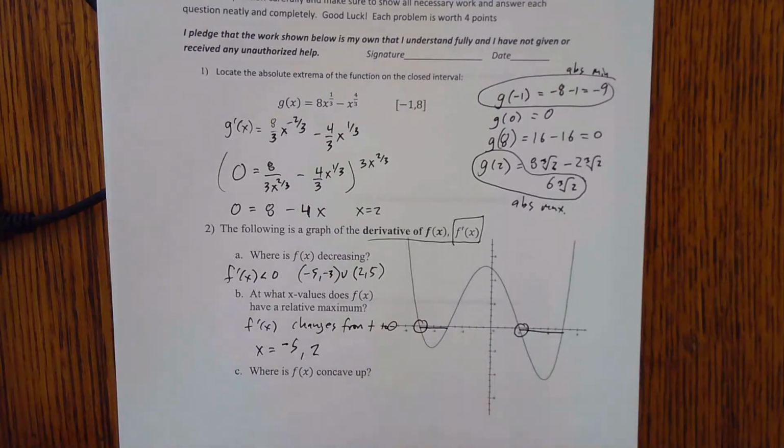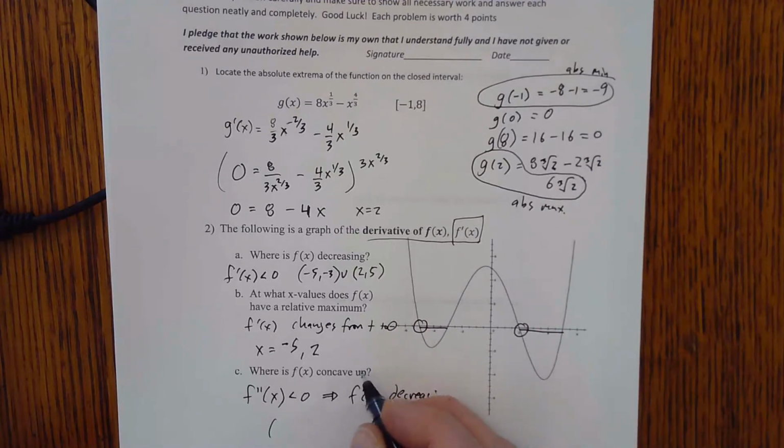Where is f of x concave up? That's where f double prime of x is greater than 0, which implies f prime of x is increasing. Oh, sorry, I was going concave down, but it's concave up. So I've got to switch these, right?